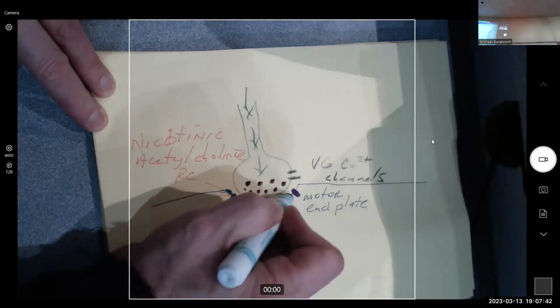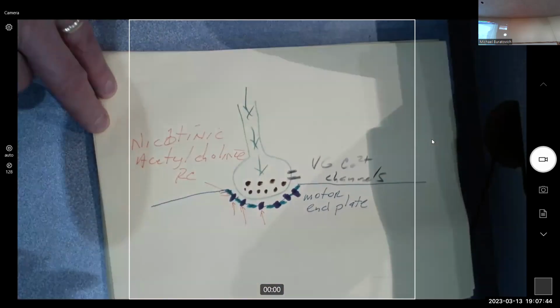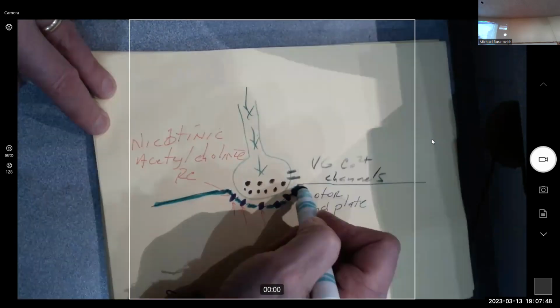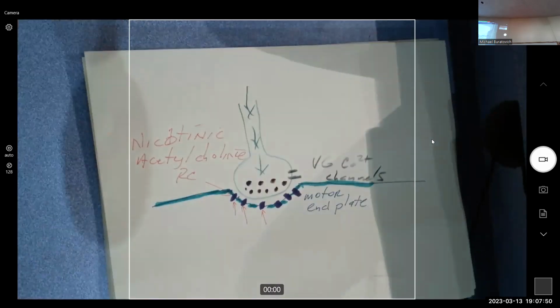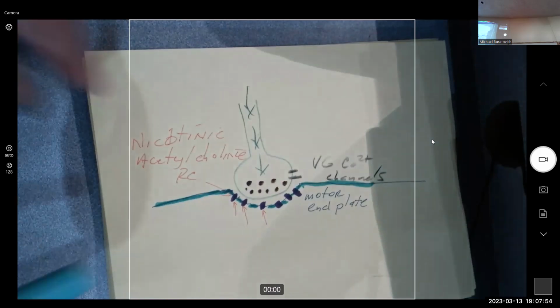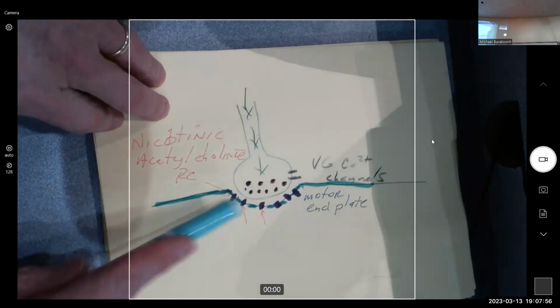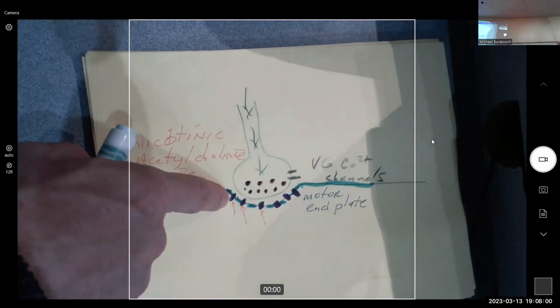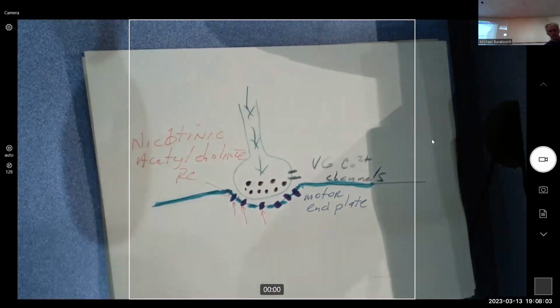And also in this membrane, there are voltage-gated sodium channels. And eventually, that depolarization spreads to the whole membrane, and the muscle then is able to contract. So that's your target. These receptors are going to somehow gum this up. That's where they're going to work.